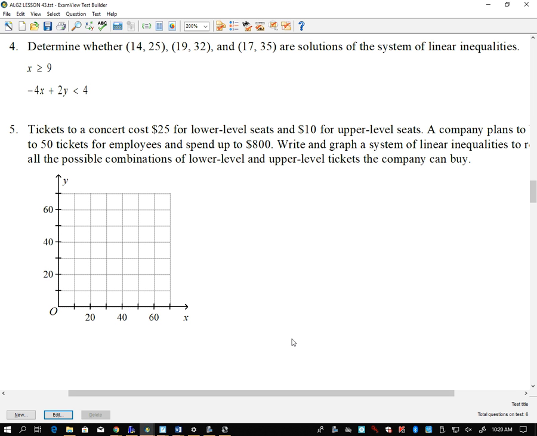Is 2 less than 4? 2 is less than 4, isn't it? So are all 3 of those coordinates solutions to that system? Yes, because they fit as solutions for both linear inequalities.